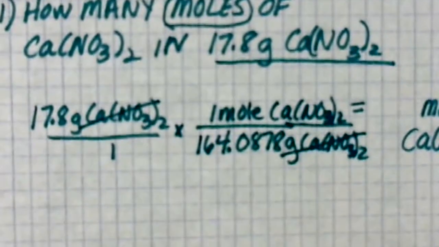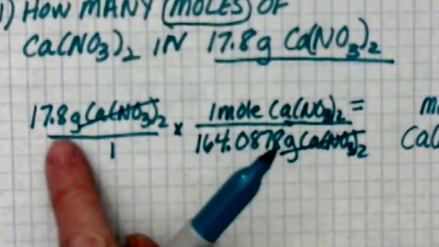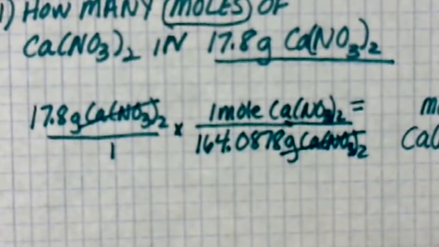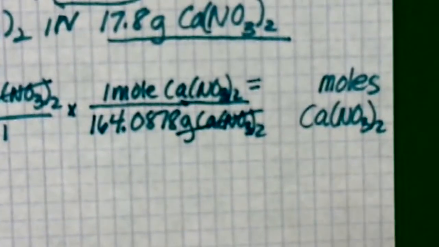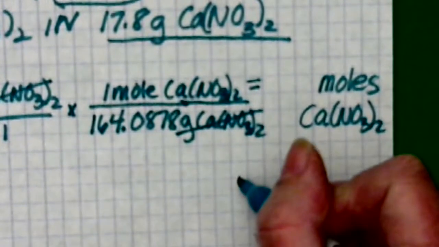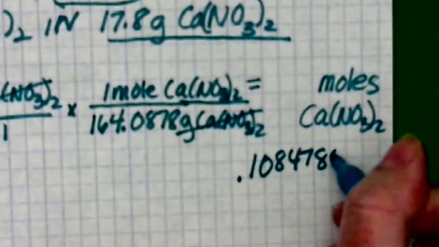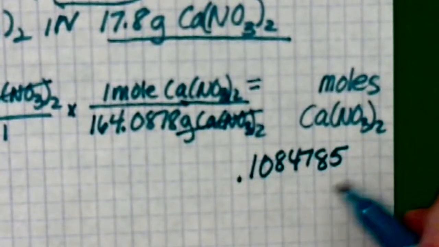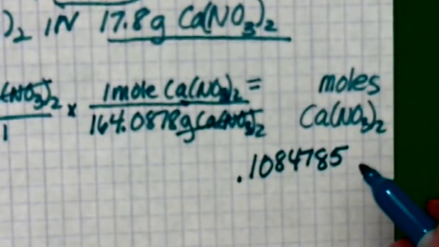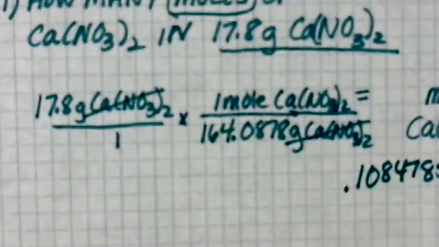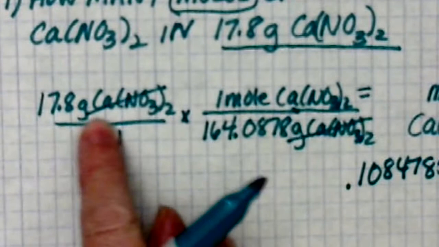So now I just need to take out my calculator and go 17.8 divided by 164.0878, and I get 0.1084785. That's a pretty long number. In fact, I even get more digits than that. So we still have to remember sig figs. So I have 3 significant figures here.